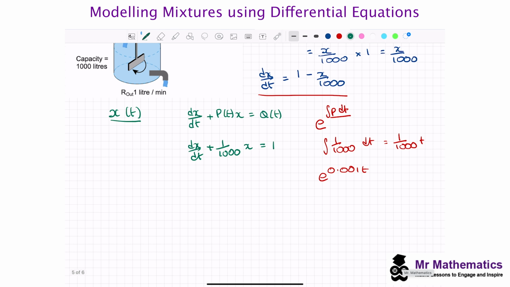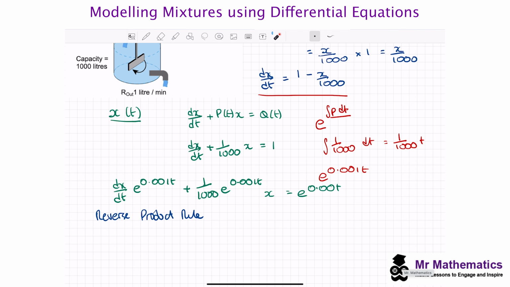So we get dx by dt times e to the 0.001t plus 1 over 1000 multiplied by the same integrating factor multiplied by x is equal to e to the 0.001t. And now we can use the reverse product rule, where the derivative of e to the 0.001t is this function, and the derivative of x is dx by dt.